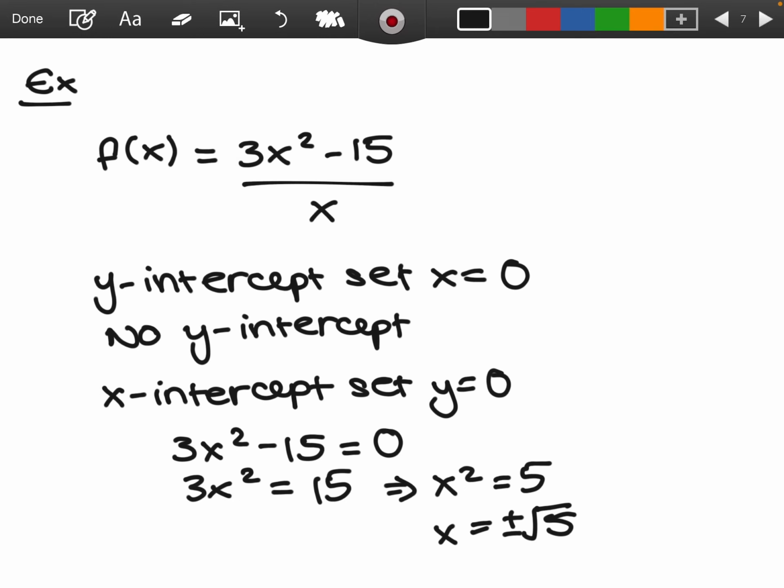That means I have two x-intercepts here. I have no y-intercept, but I actually cross the x-axis twice. So my x-intercepts are going to be (square root of 5, 0) and (negative square root of 5, 0). Okay.